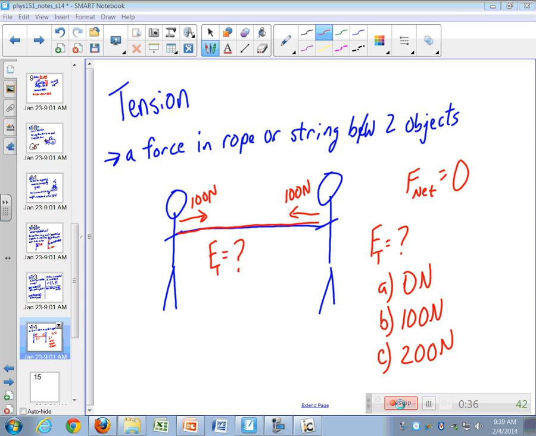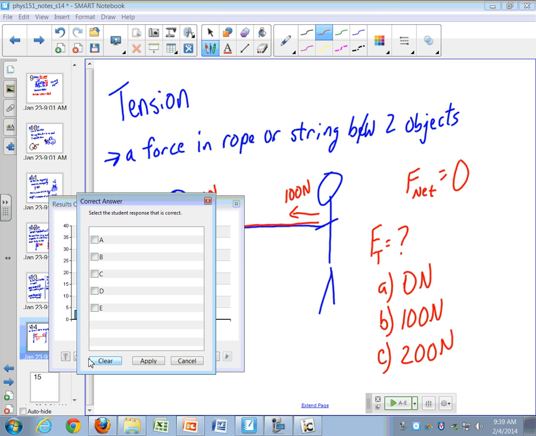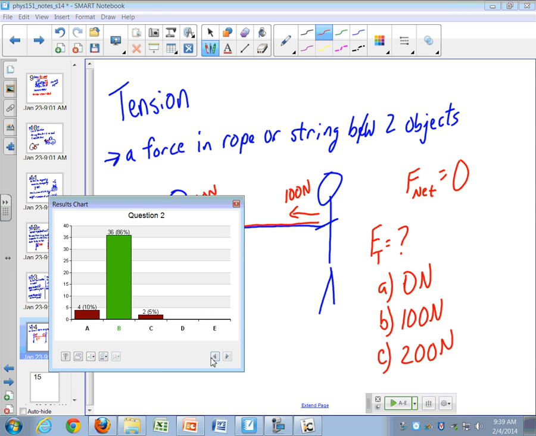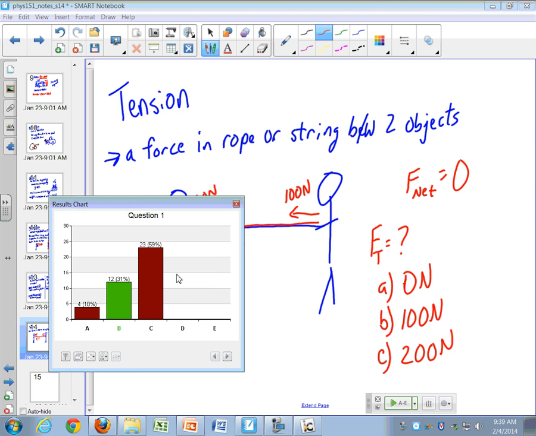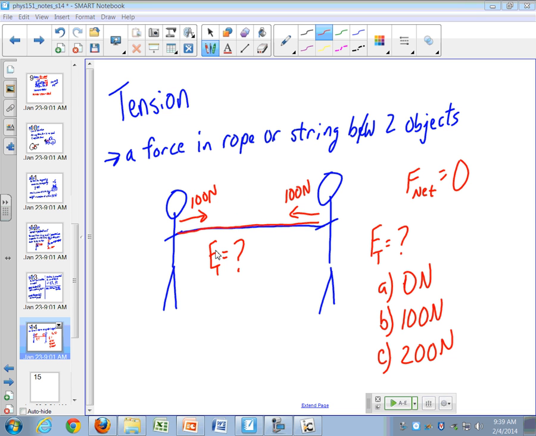Okay, B is the right answer. We'll see this come up again on the concept test in just a second. This might trouble you because you're both pulling with 100 newtons, right? It seems like there should be 200 newtons of force in the rope. But imagine instead of having a person here, you have a tree. You're pulling on one end with 100 newtons, and the tree is also pulling with 100 newtons. So you only have 100 newtons in the rope.